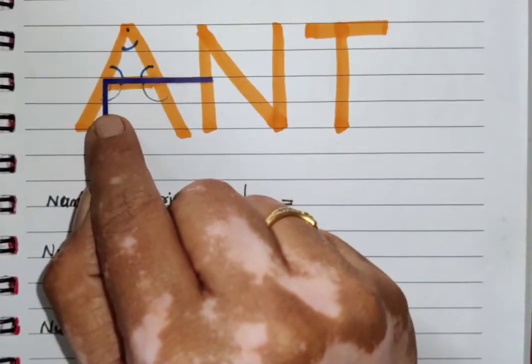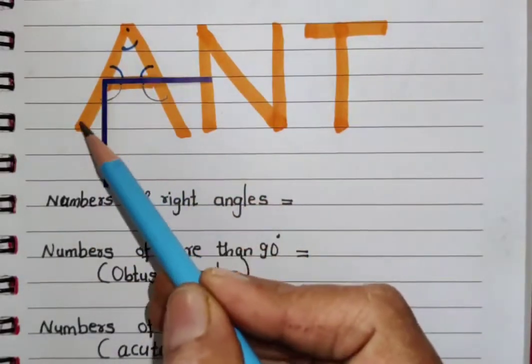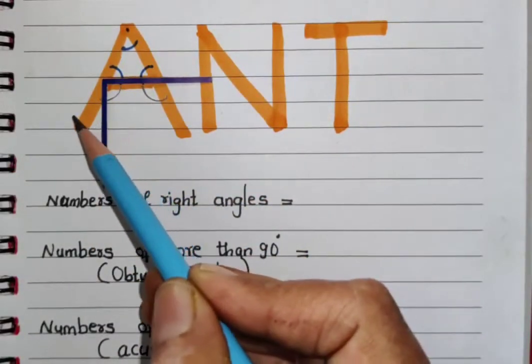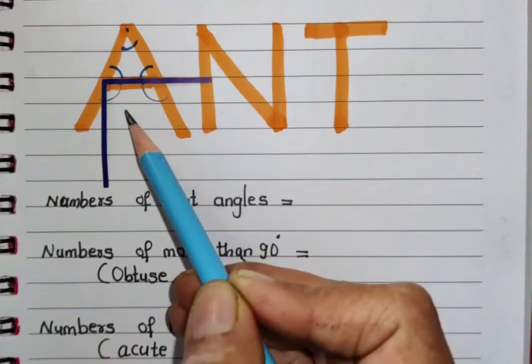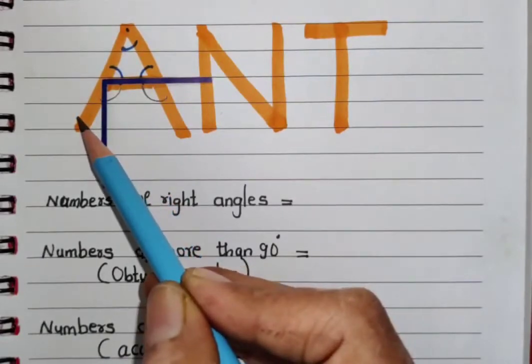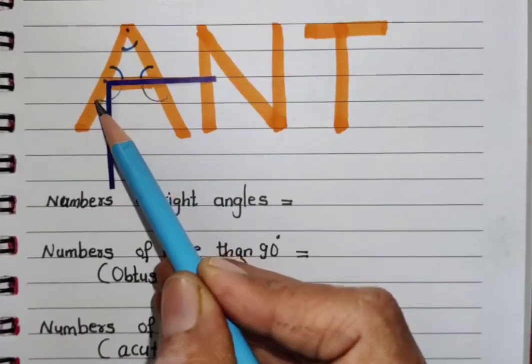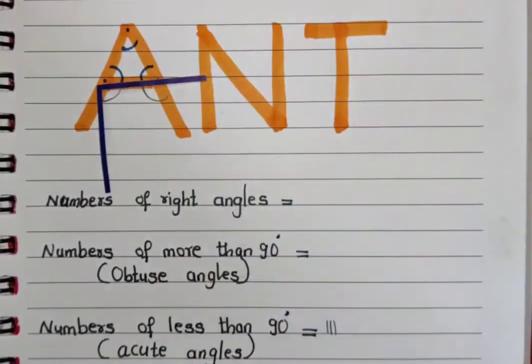And the angle's other line has gone beyond 90. It is not within, it is falling outside 90. Could you see? It has crossed and come out of 90. So what angle is this? This is more than 90°, that is an obtuse angle.